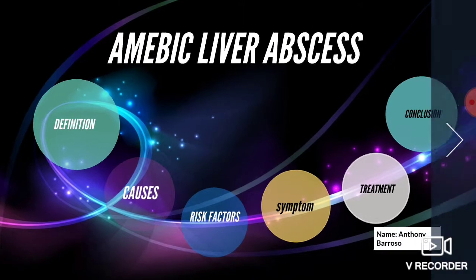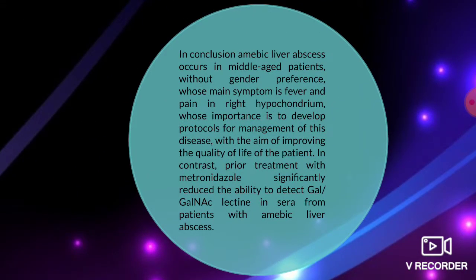Conclusion. In conclusion, amoebic liver abscess occurs in middle-aged patients without gender preference, with the main symptoms being fever and pain in the right hypochondrium. It is important to develop protocols for management of the disease with the aim of improving the quality of life of the patient.